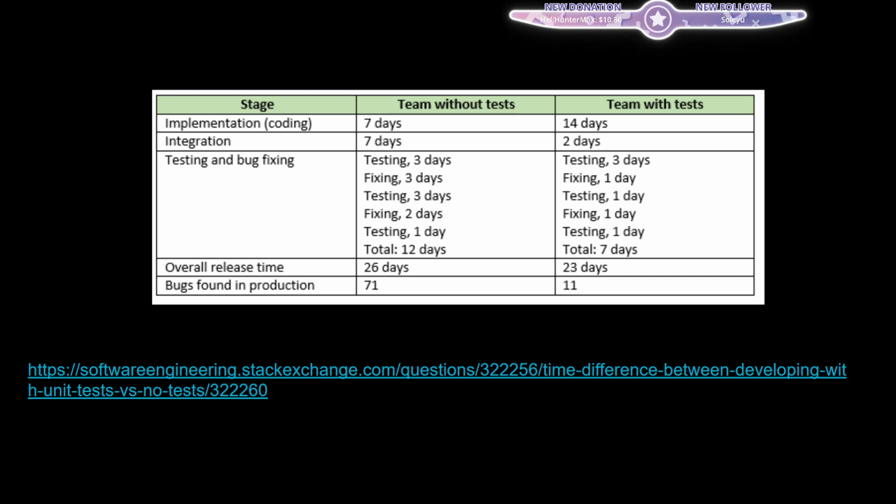Of course, this is something that you shouldn't completely rely on, that has no solid scientific base. Sample size is way too small. However, this definitely represents in some way the reality, because my personal experience matches what I see there. So, team without tests took 7 days. Team with tests took 14 days.